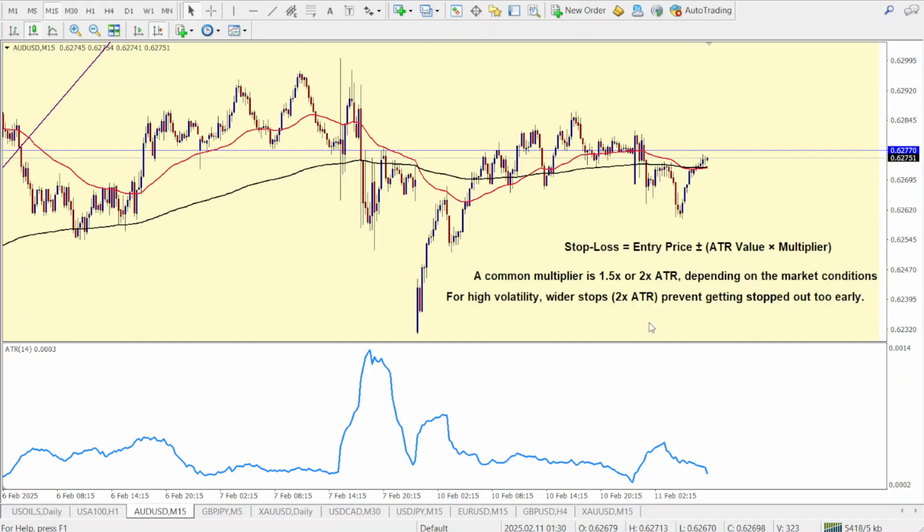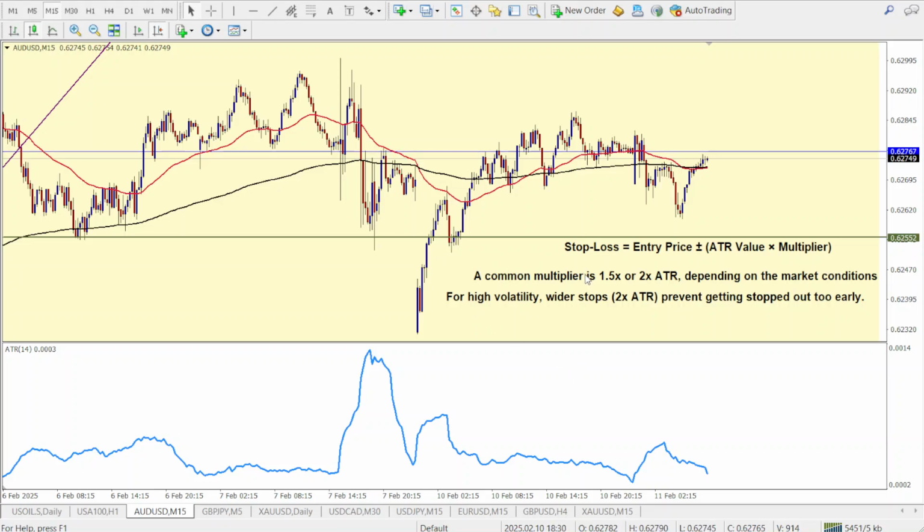Using a 2x ATR stop loss, let's say you entered a long trade around here, at 0.62552, and your ATR on the 15 minutes is 10 pips.